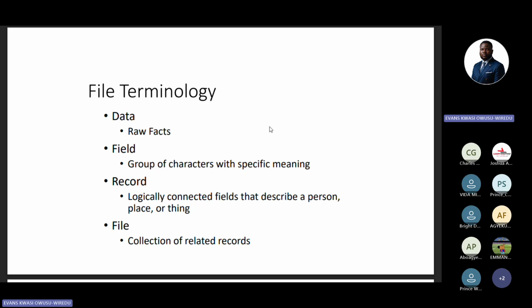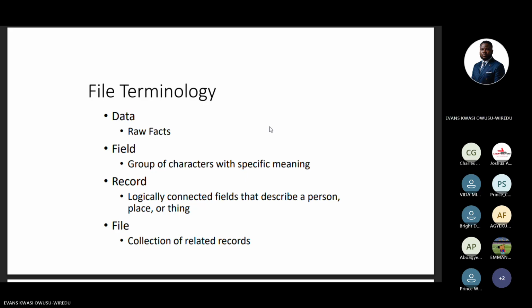And then we also have record. It is a logically connected field. So now when you have names and ages, when you are connecting the names to the ages, right? It is now called what?